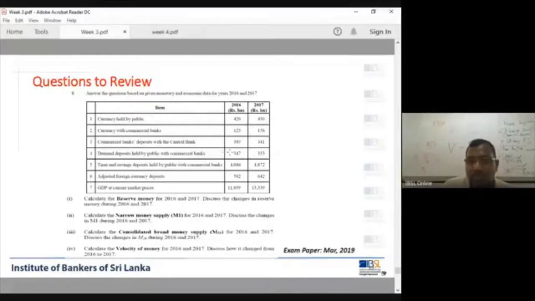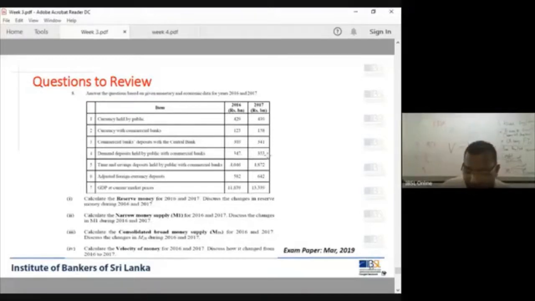So for 2016, narrow money is 429 plus 347, which equals 776 billion.